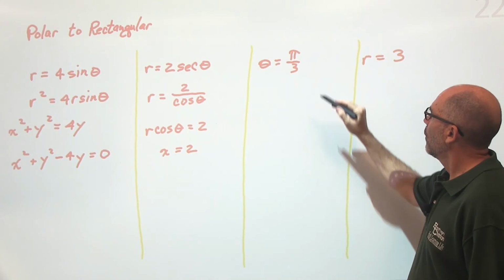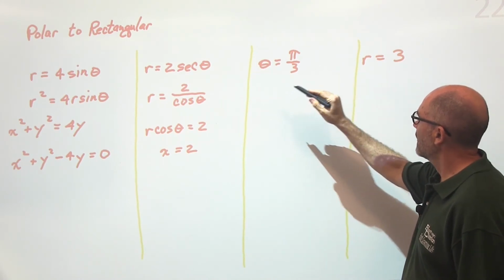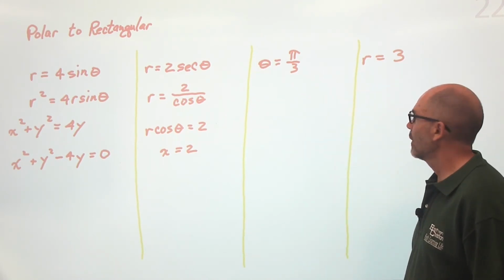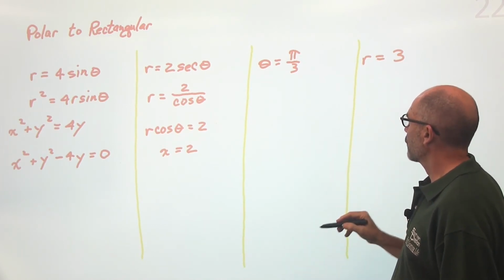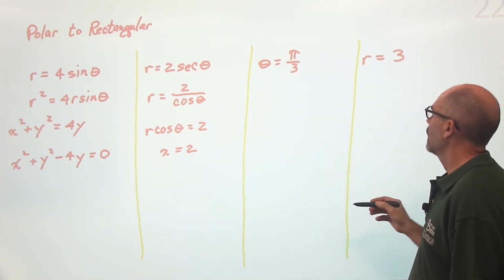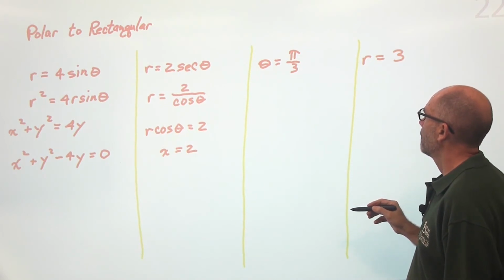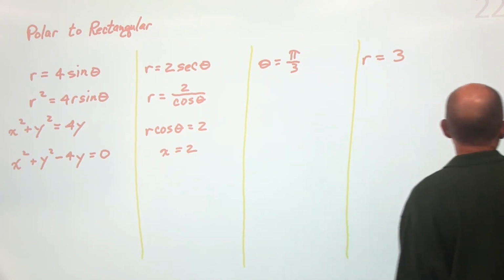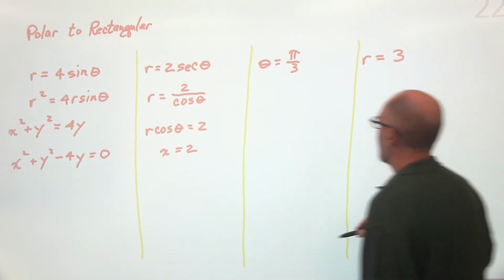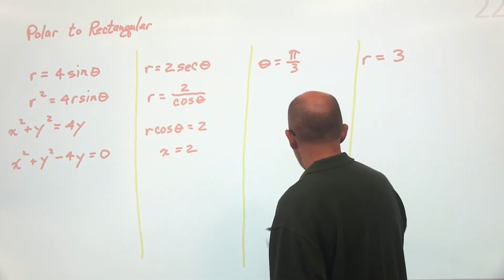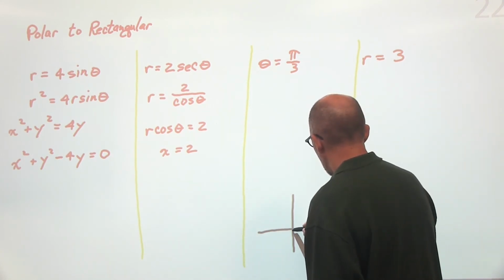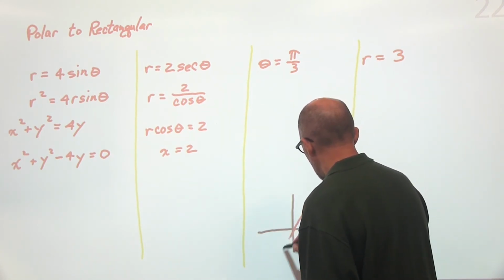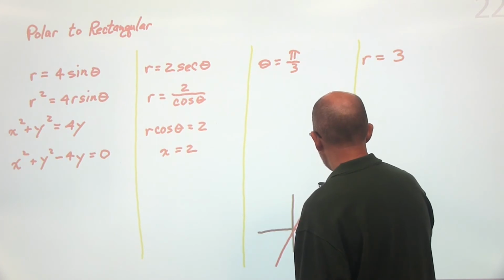Okay, now, what about just plain theta equals pi over 3? Let's just look at it simply first. Theta equals pi over 3 means we've got an angle that goes 60 degrees.